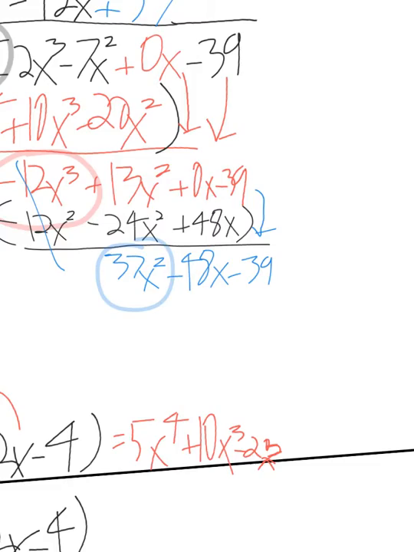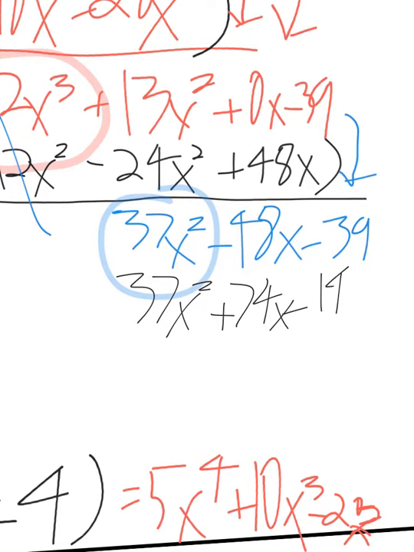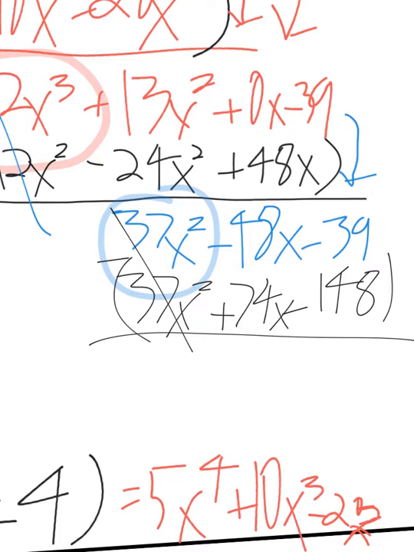Okay, so I'm subtracting out 37x squared plus 74x minus 148. Put it all in parentheses. And so you have negative 48 minus 74x.